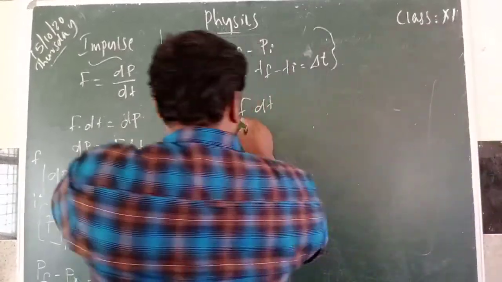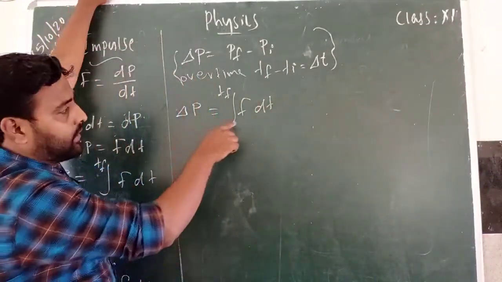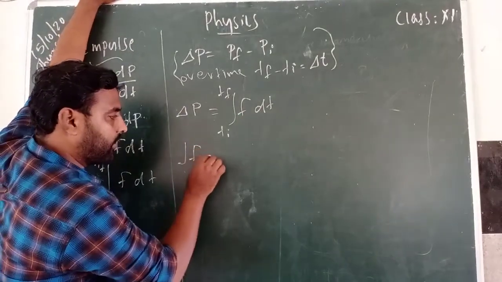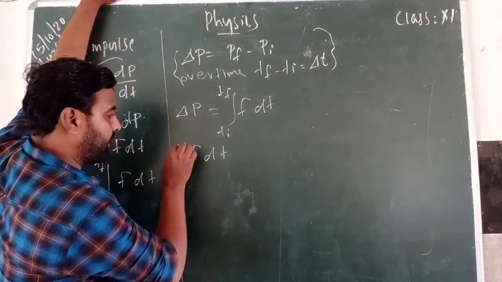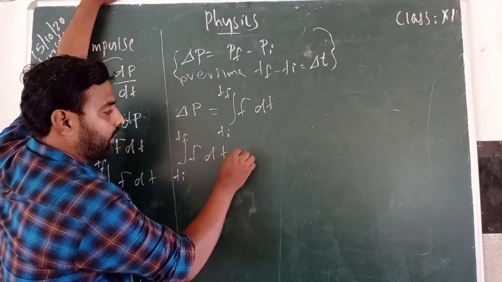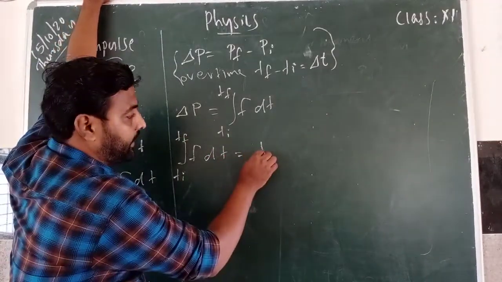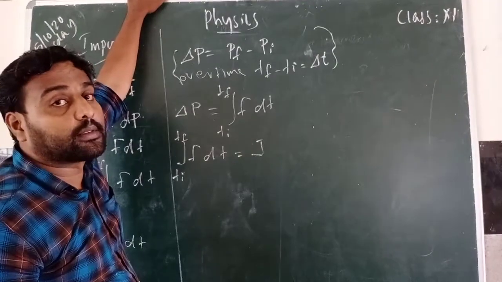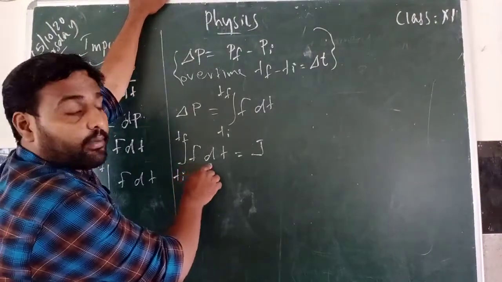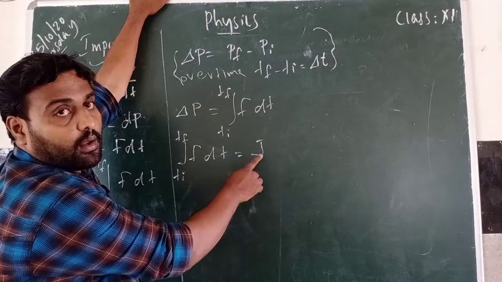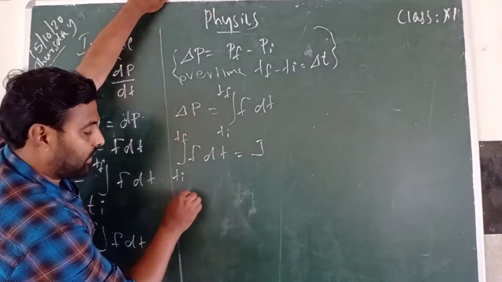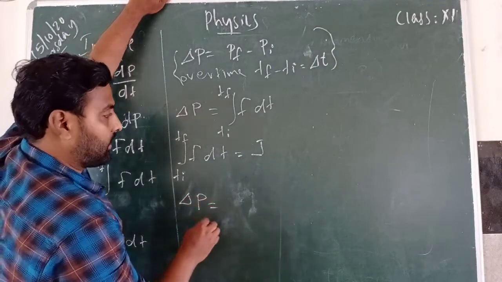Now, what is this? F dt means integral F dt, which is J. J is the symbol for impulse. So this integral F dt is called impulse. So we can write this equation after integration.